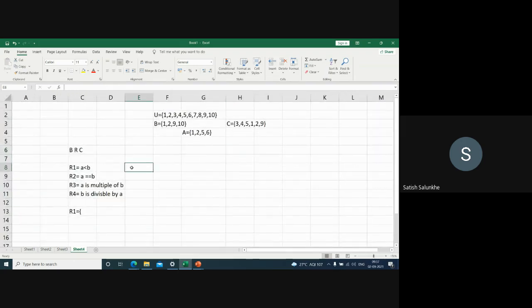Now tell me, what are those elements of R1? 1 comma 3. 1 comma 4. Correct. 1 comma 5. Correct. 1 comma 2.